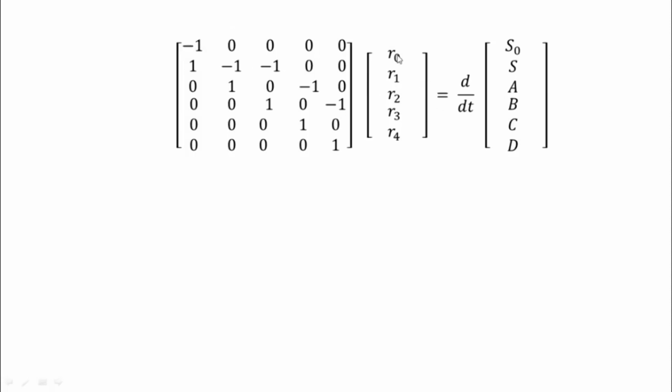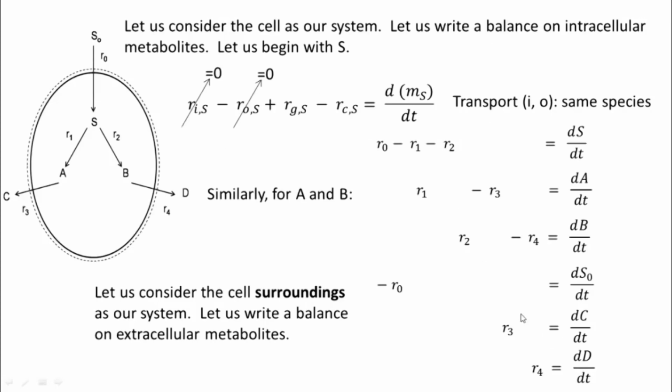This term into this term, plus this term into this term, plus this term into this term, plus this term into this term, plus this term into this term equals this term. So minus R0 is, the other terms are all 0 for the first term. Minus R0 is d/dt of S0, which is what this one says.